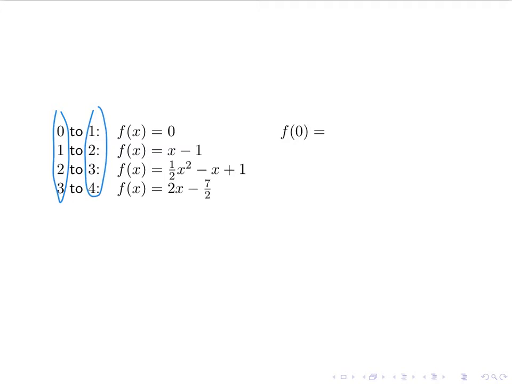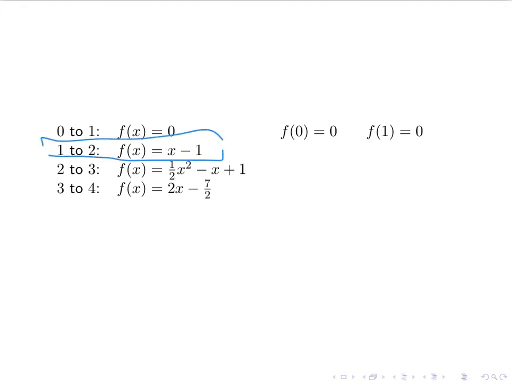So f of 0 is 0. And according to my first part here, f of 1 is also 0. When I move down to my 1 to 2, I'm going to plug in 1 and 2. When I plug in 1, I better get 0. So if I plug in 1 for x, I do get 0.